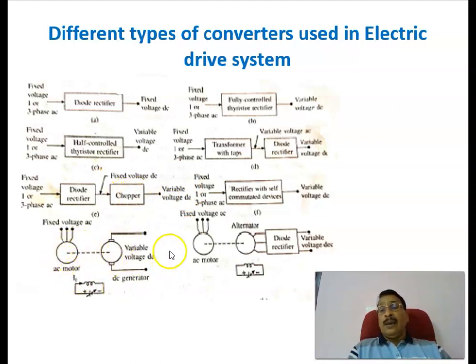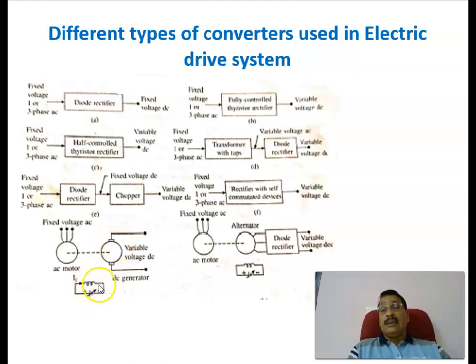This is a mechanical method rather than one using power electronic devices, and it was used previously. A three phase AC is given to an AC motor, which is coupled to a DC generator.